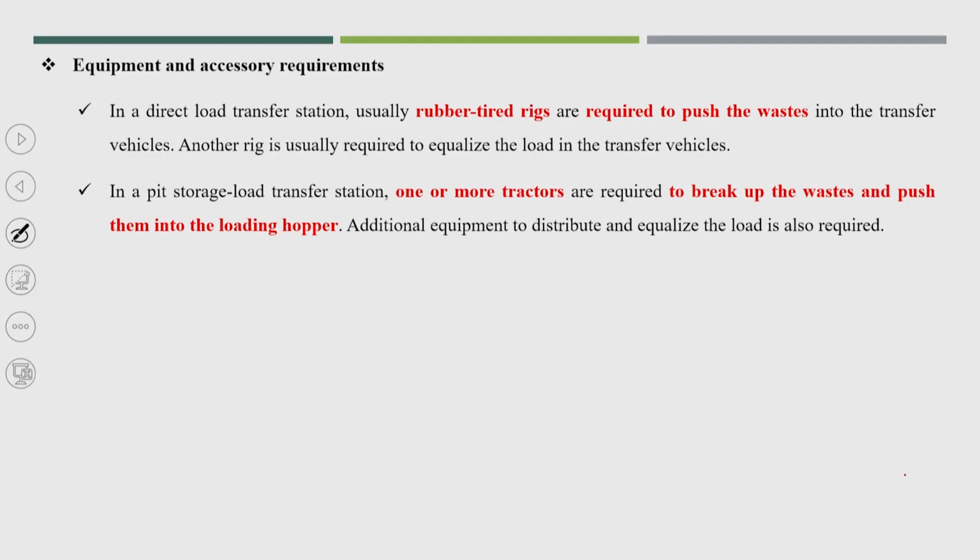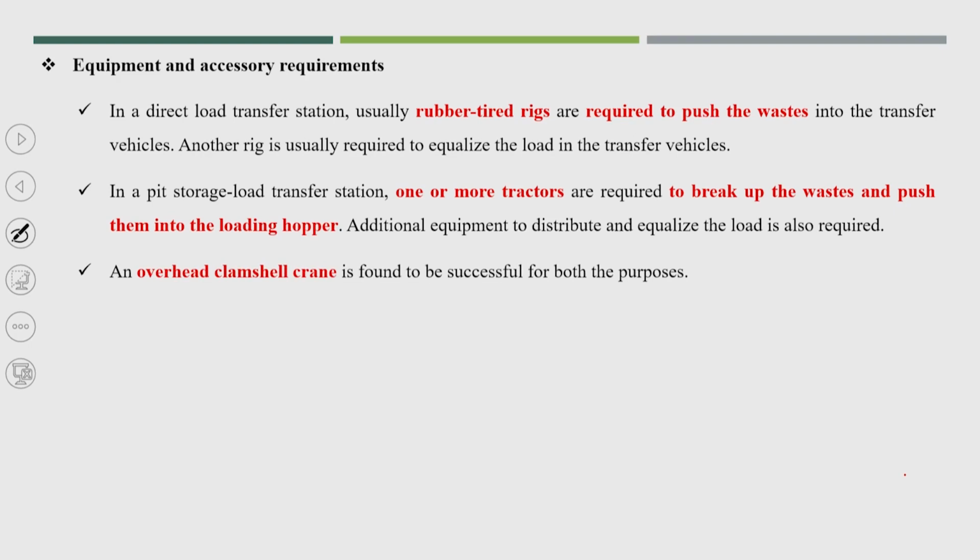One or more tractors are required to break up the waste and push it into the loading hopper. Additional equipment to distribute and equalize the load is also required, because again it has to be equalized with the different operation or the availability of different larger vehicles.